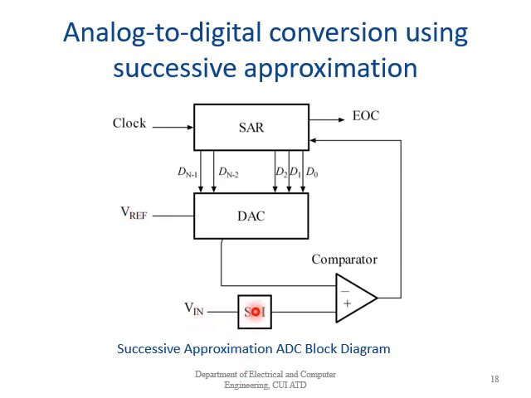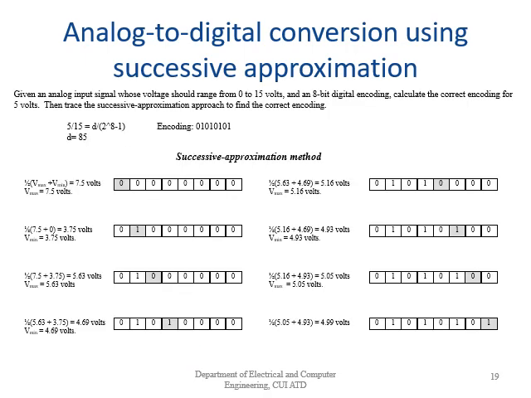Then we have sample and hold. We are going to compare two values here. On the basis of these values, if the value becomes greater, we are going to put 0 in the SAR, the successive approximation register, on the data bit. I'm going to explain this whole circuit with the help of an example in the next slide, so hopefully things will become more clear.